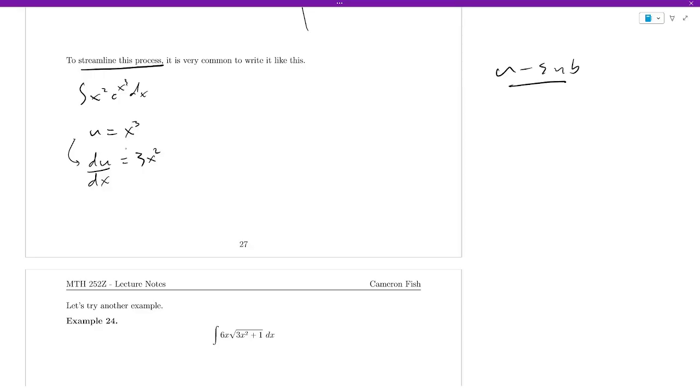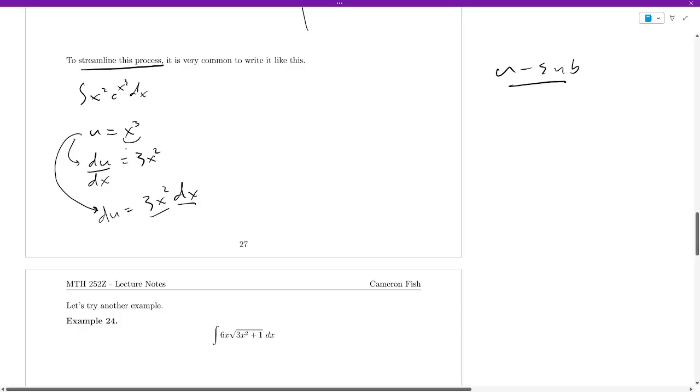For historical reasons, and also for doing it by hand quickly, it is super common to actually write this instead. So you go straight from here to here. We write du equals, then you take the derivative of this, and then you write dx. It kind of looks like you multiplied this dx over from this middle version.